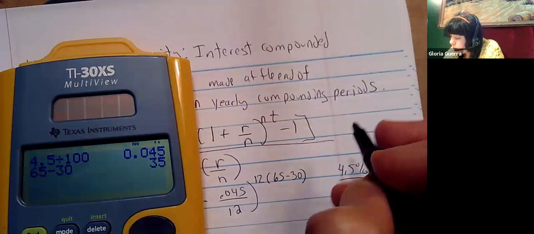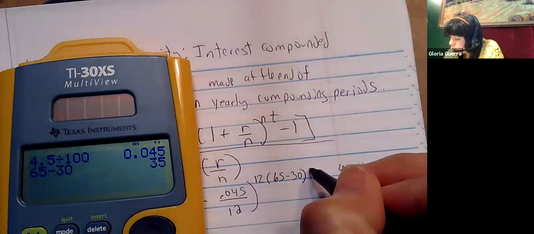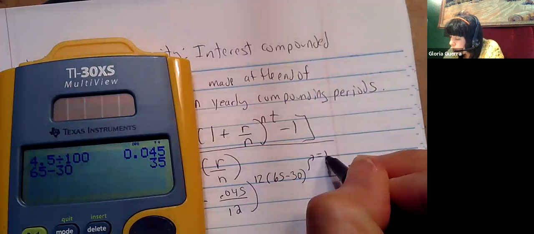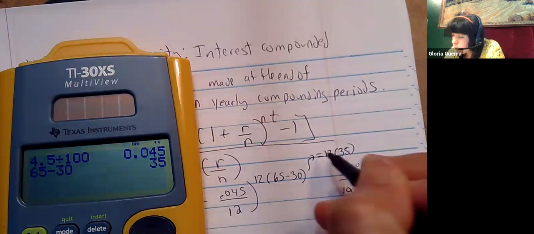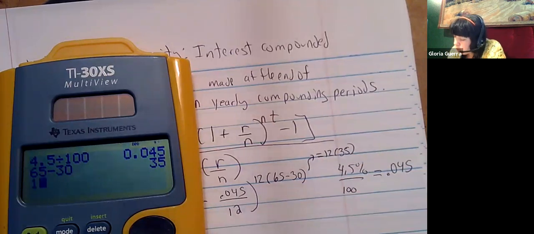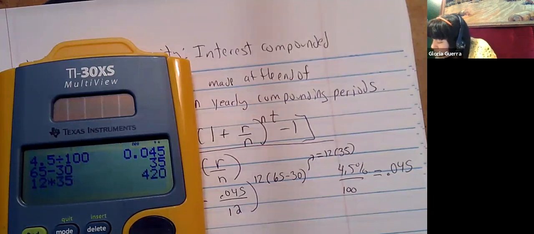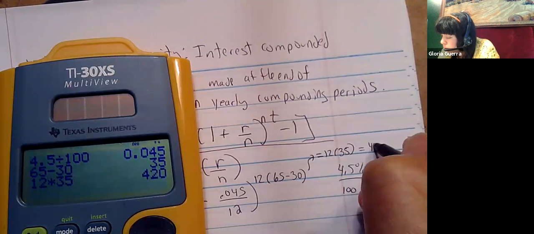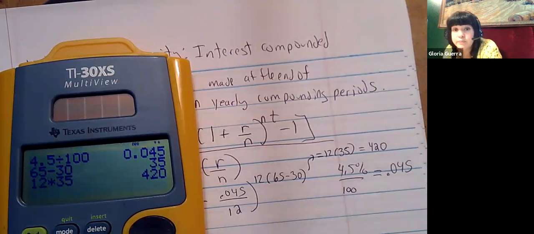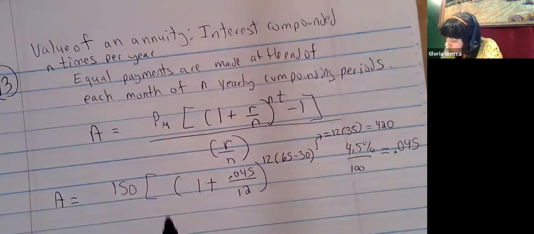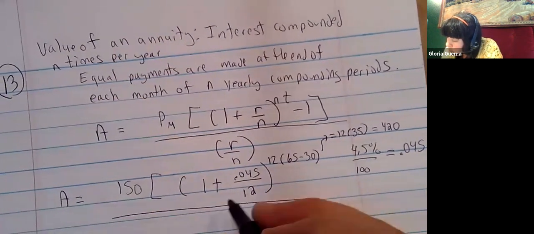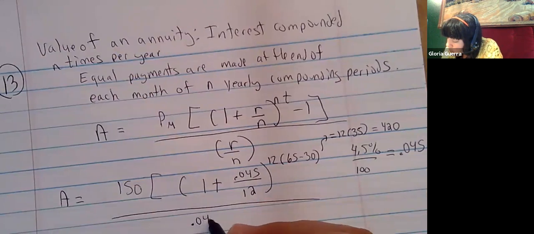So NT equals 12 times 35, and 12 times 35 is 420. And then on the bottom, R again is 0.045 divided by 12.